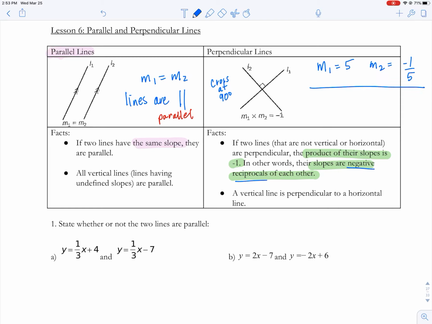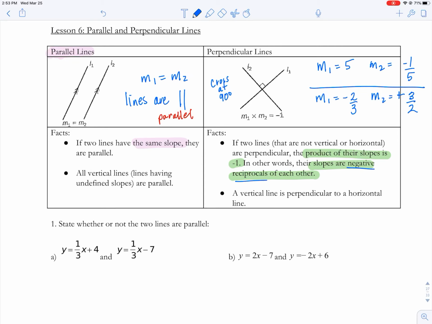Another example would be if m1 is -2/3, then the perpendicular slope, the negative reciprocal slope m2, the negative would turn into positive, and the reciprocal of 2/3 would be 3/2.